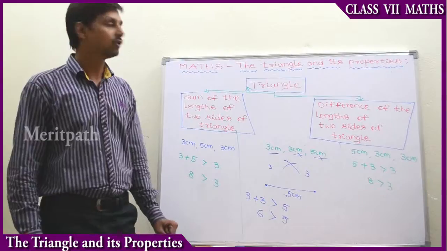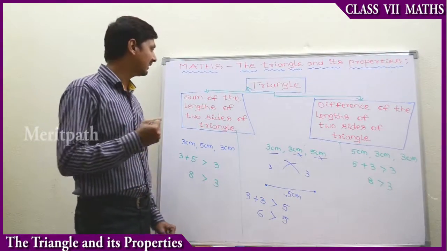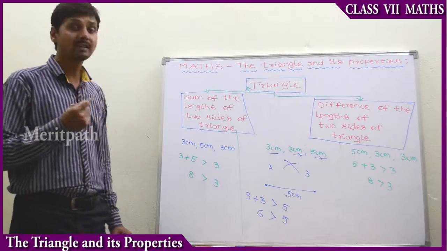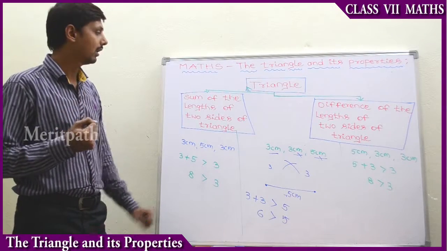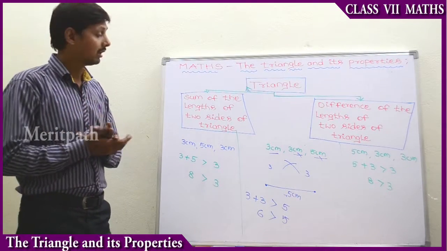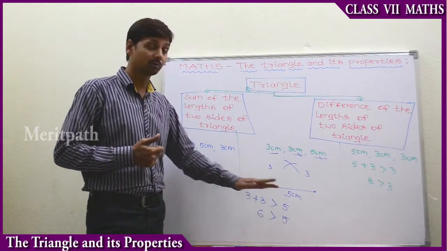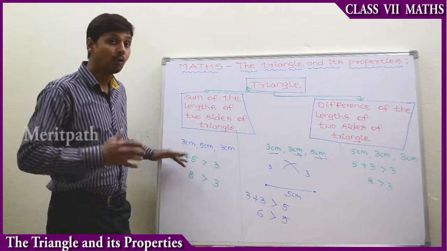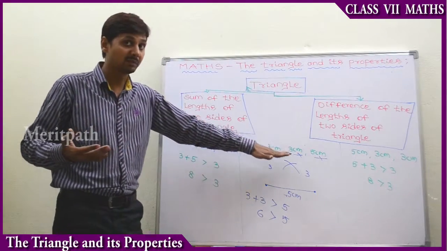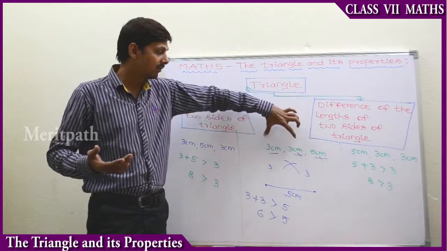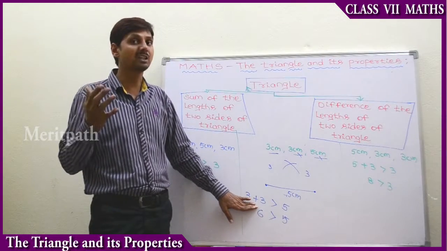Up to now we have discussed the property of a triangle that the sum of the lengths of two sides of a triangle is greater than the third side. We have taken all the combinations: 3 centimeters, 3 centimeters and 5 centimeters. First 3 plus 3 is greater than 5 centimeters.